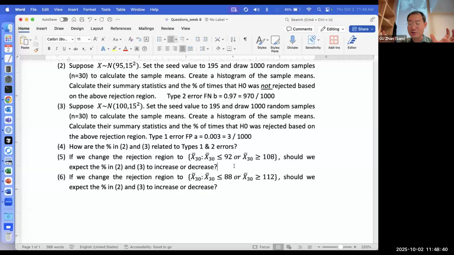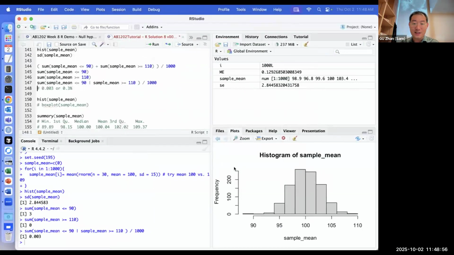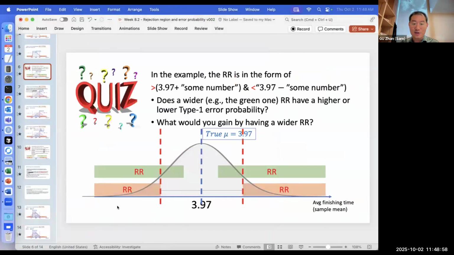By theory, we know that when you increase the rejection region, your type 1 error will go larger, because it is more likely for the sample mean to fall into this rejection region. That is the case shown here. You are changing from the orange rejection region to the green one, so the rejection region gets larger. Then you should have a higher type 1 error and a lower type 2 error.